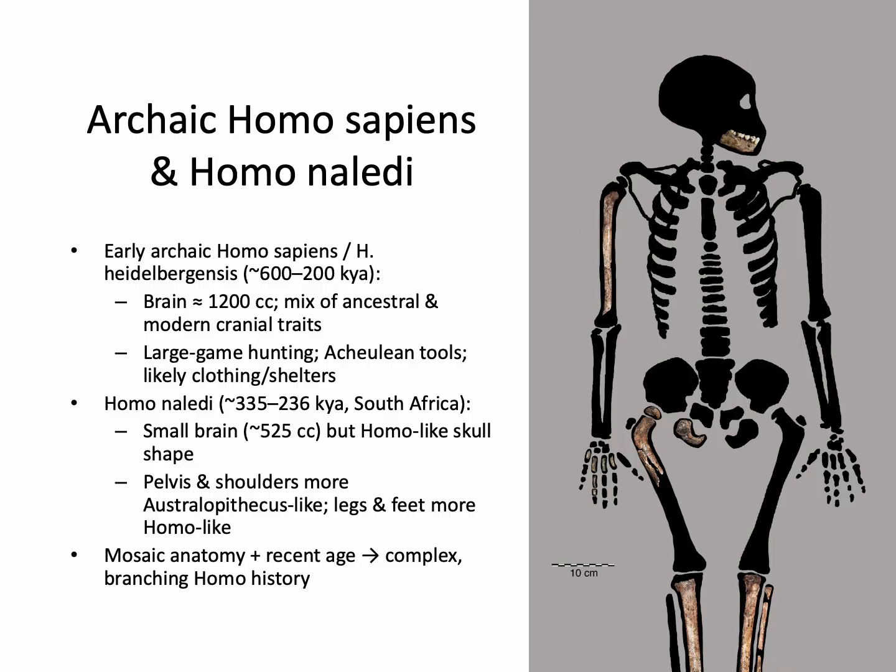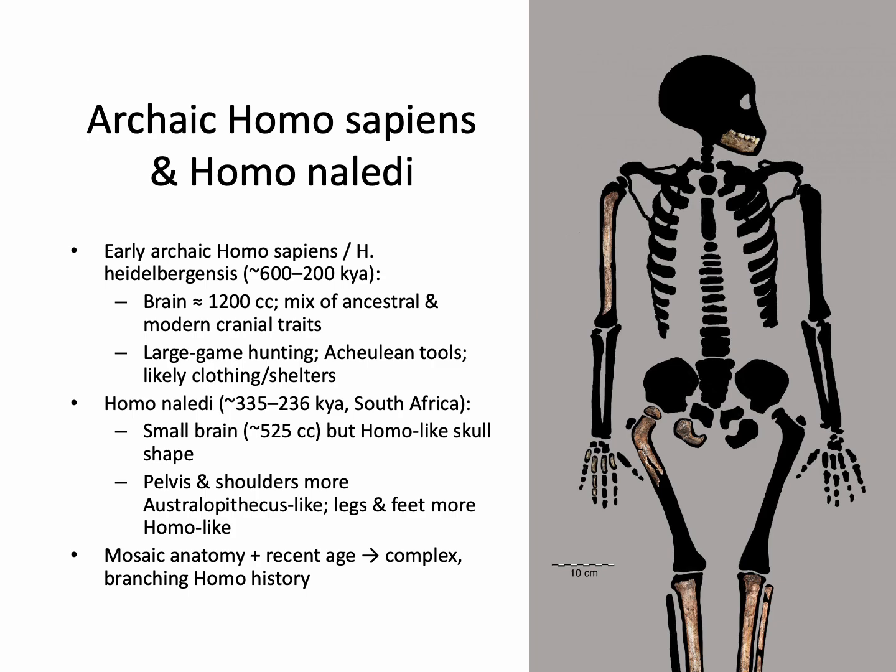As Homo erectus populations evolve over time and spread across continents, we begin to see a variety of archaic Homo forms, species that are more like us than Homo erectus, but not yet fully anatomically modern. These include fossils usually grouped as early archaic Homo sapiens or Homo heidelbergensis, and sometimes Homo rhodesiensis in Africa.